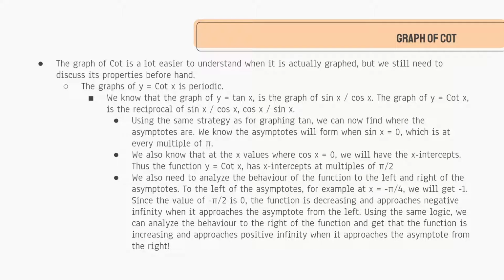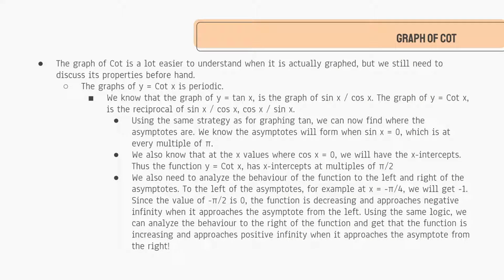So let's first talk about how the graph behaves to the left of the asymptote. Let's take the point x equals negative pi over 4, because again, that's a special angle. It should be really easy to work with. We know that tan of pi over 4 is 1, and since 1 over 1 is still 1, cotangent of pi over 4 is equal to 1.